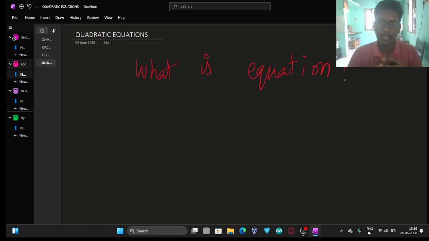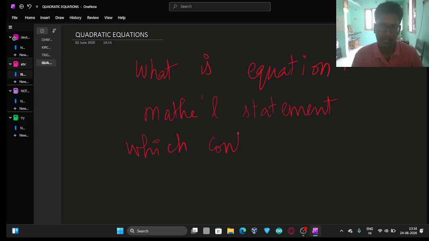To define an equation, we could say it is a mathematical statement which contains an equal symbol. So whatever mathematical statement you observe with the equal symbol, it is called an equation.